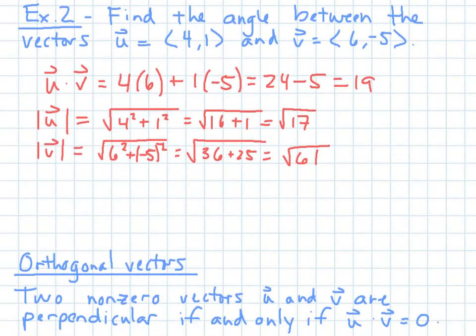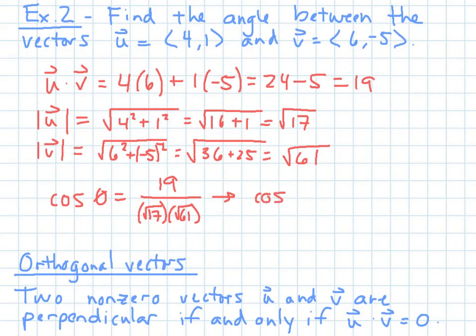If I want to find the angle between them, I just plug that in: 19 over square root of 17 times square root of 61. I can insert that into my calculator, and that gives me a decimal of 0.59001, it looks like.